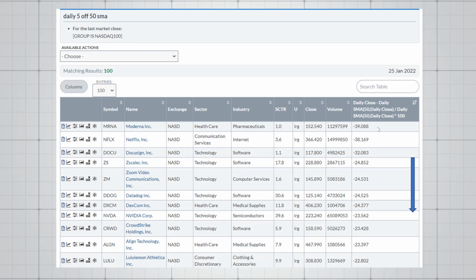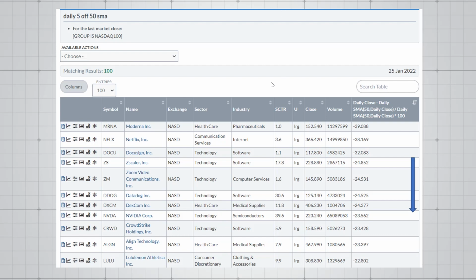The smallest or most negative number first, because we're using an ascending sort, and it goes down all the way to Lulu at minus 22.8. Note that we are searching the NASDAQ 100. We do have 100 matching results, meaning we did cover the universe and sorted everything there.